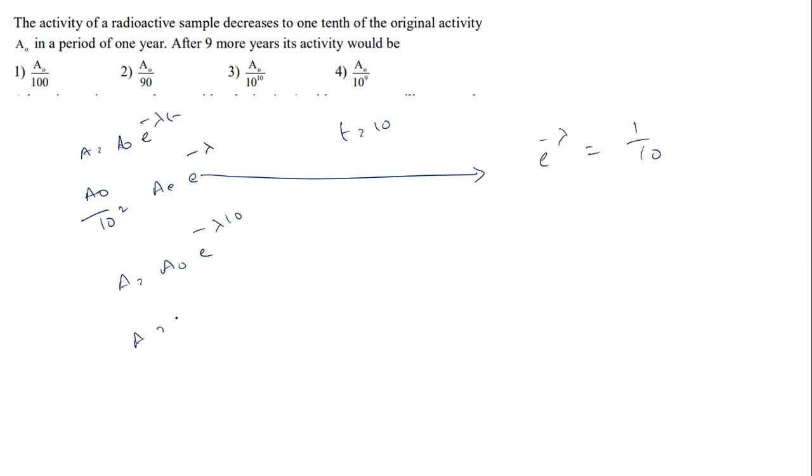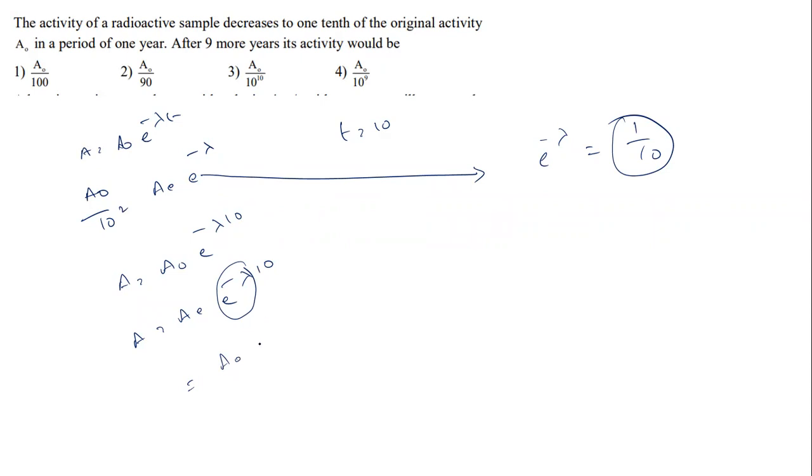So this A is equal to A naught e power minus lambda into 10. So this you can write. So A naught e power, we are writing, right? 1 by 10.